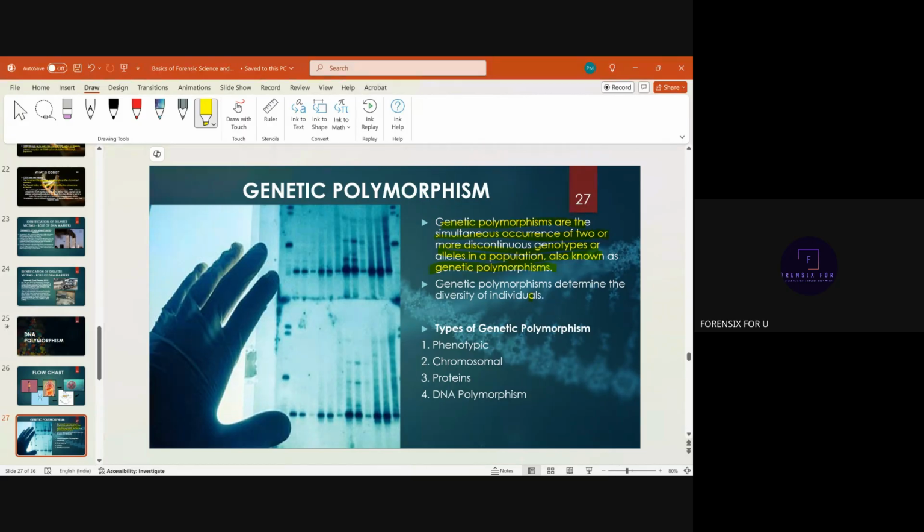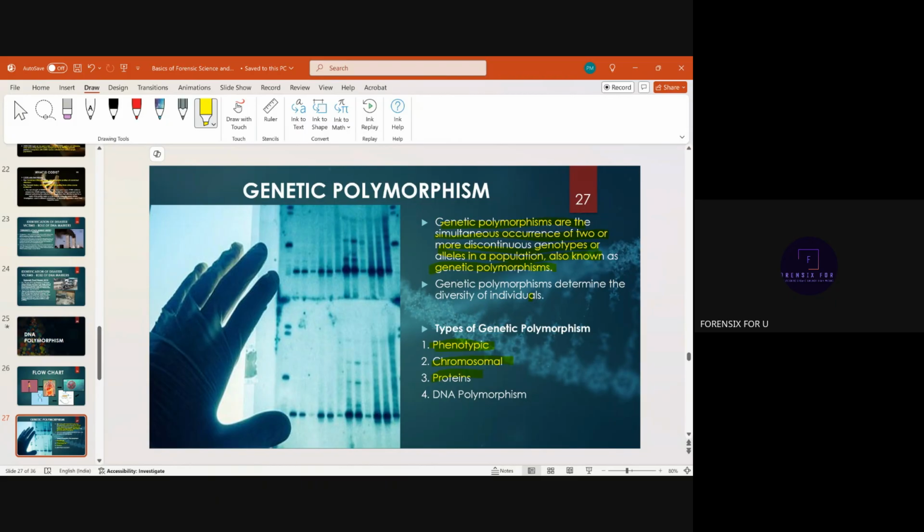How many types of genetic polymorphisms are there? We have phenotypic polymorphism, or the polymorphism of external features like male and female. Chromosomal polymorphism is there. The shape, the size, the number of the chromosomes can be different in different individuals. Protein polymorphism is also there.